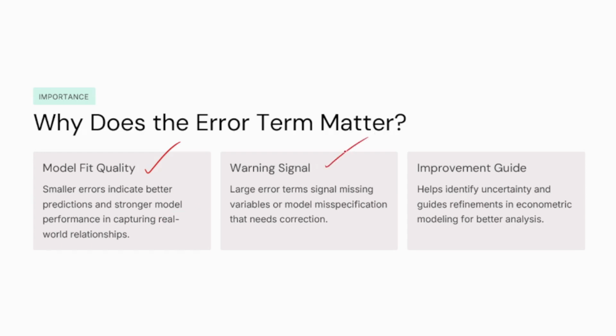It also works as a warning signal because if the value of the error is more, that means there might be some missing variables or model misspecification, which needs to be corrected. Error terms also help as an improvement guide. It helps identify uncertainty and guides refinement in econometric modeling for better analysis.